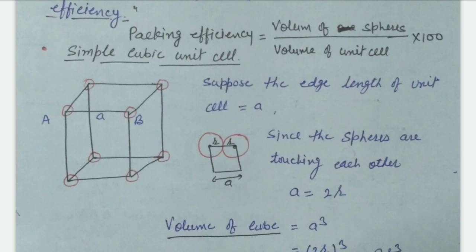Therefore, the radius is r and the edge length is equal to 2r. We know that the volume of a cube is a cube. Putting the value of a, 2r cube is equal to 8r cube.